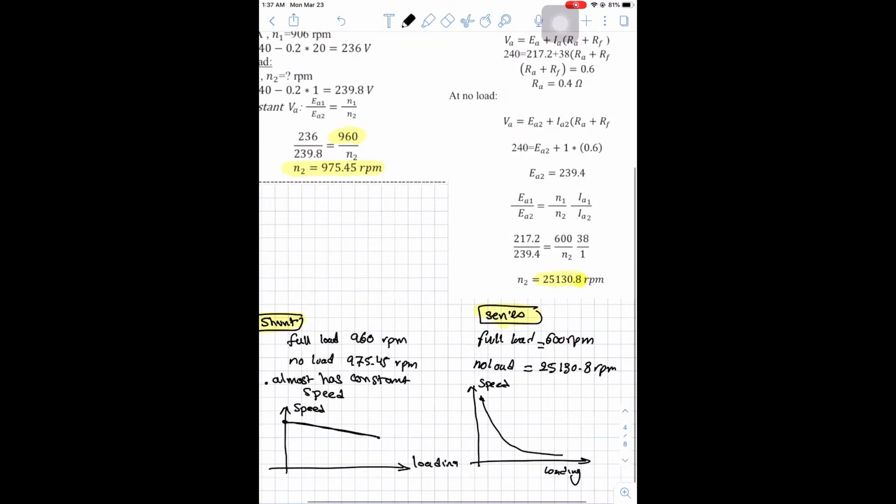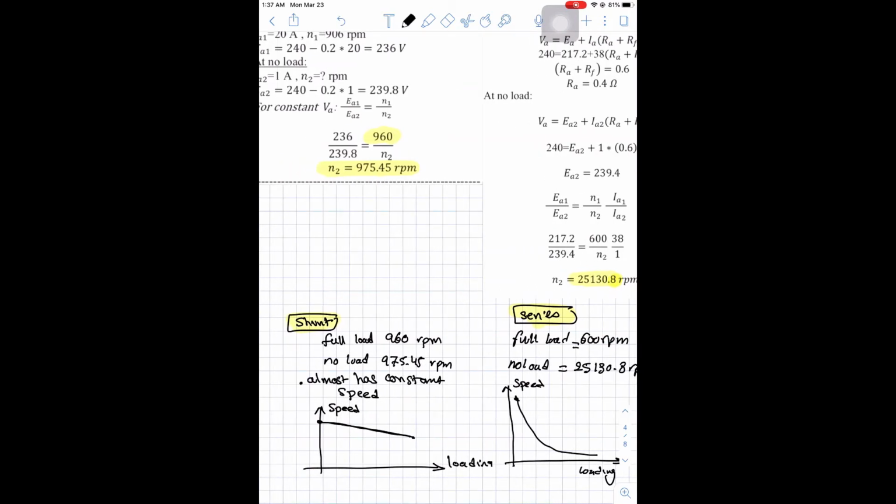So these are the two main features of shunt machine and series machine, and we will go back to these two machines again when we study the torque speed characteristic, and we will explain in detail why this characteristic looks like this. So this machine has a very good speed regulation, and this machine has bad speed regulation.